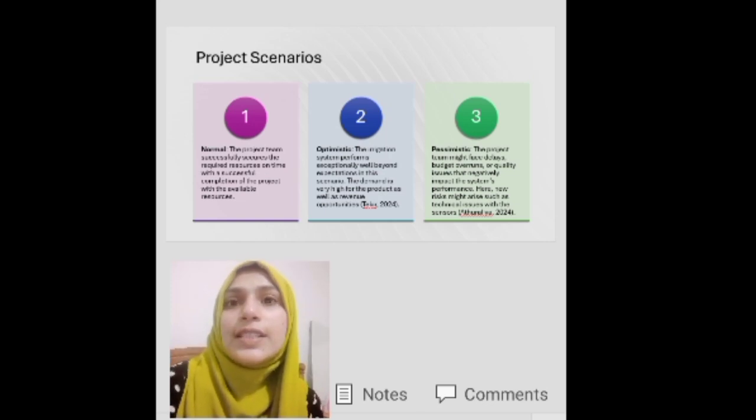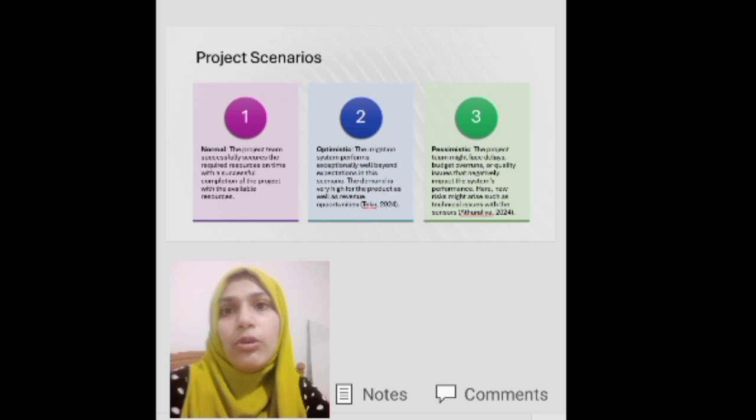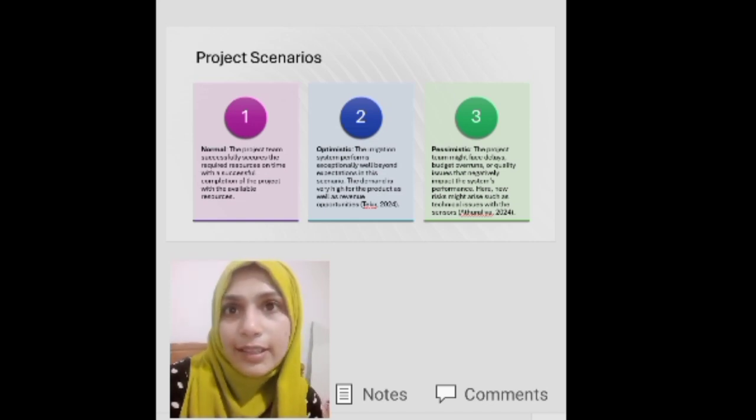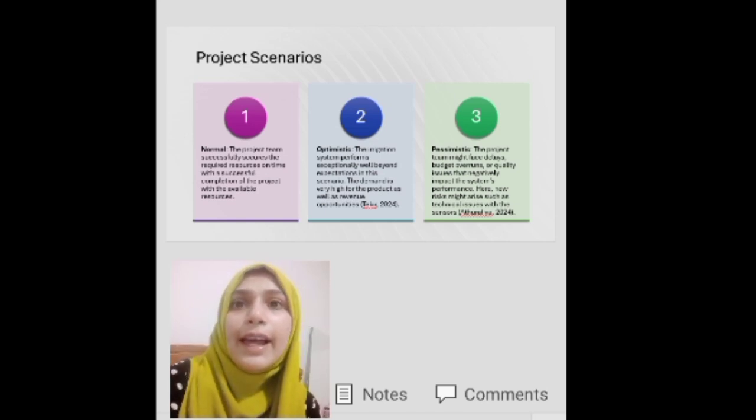The irrigation system performs exceptionally well beyond expectations, leading to high demand and increasing revenue opportunities as discussed by Tekir in 2024. Pessimistic scenario. The project team might face delays, budget overruns, or quality issues that negatively impact the system's performance. In this scenario, new risks such as technical issues with sensors might arise, as highlighted by Thorelia in 2024.